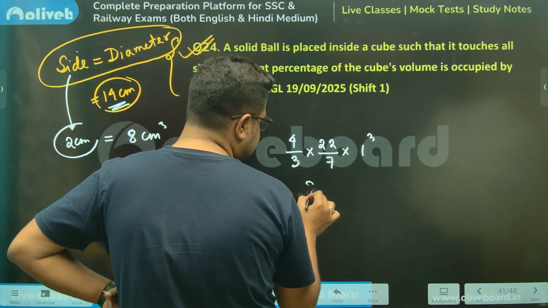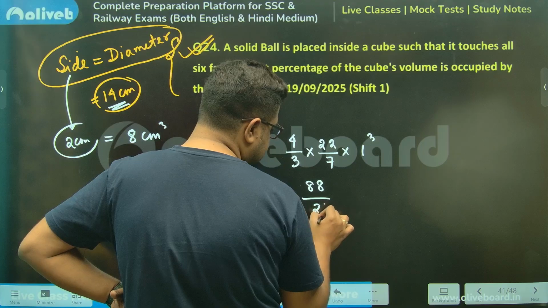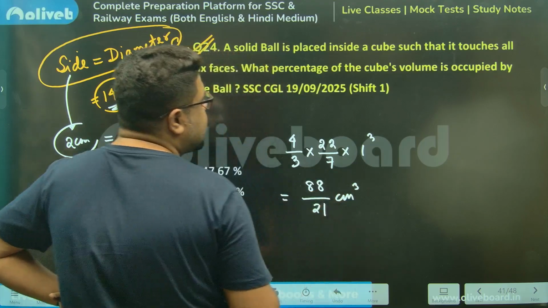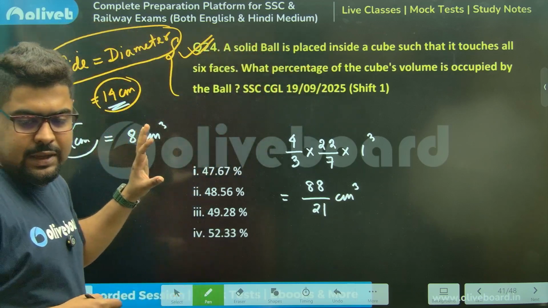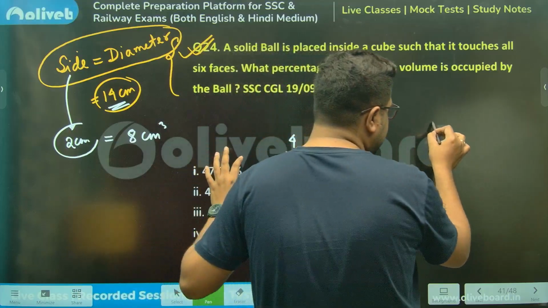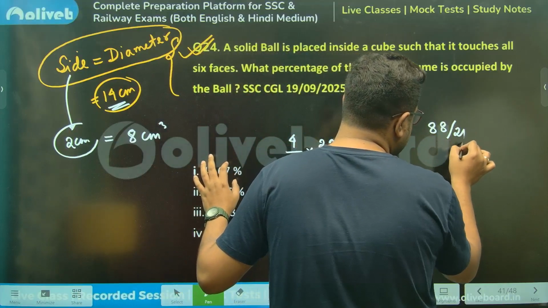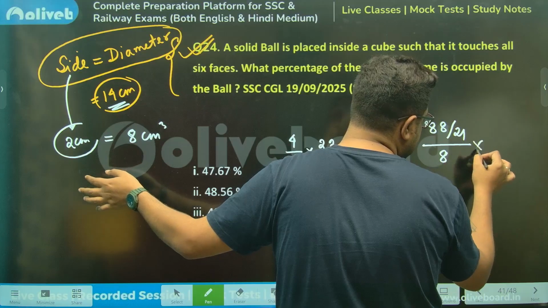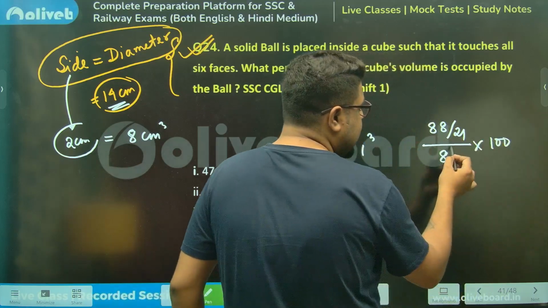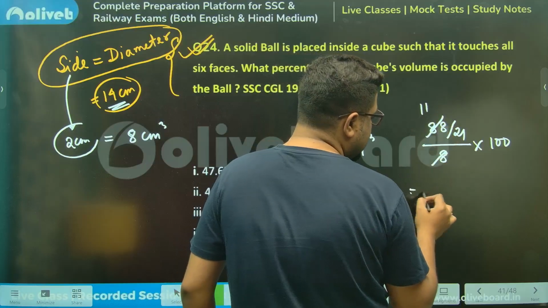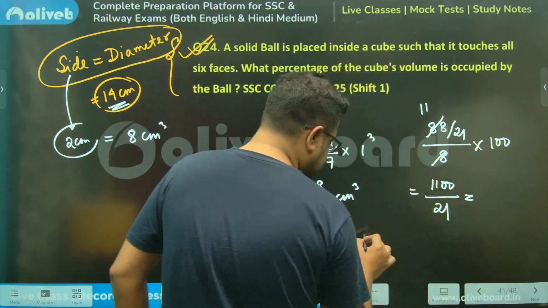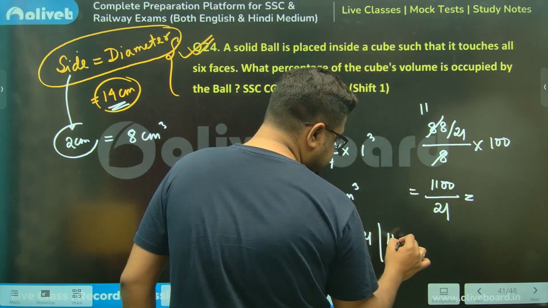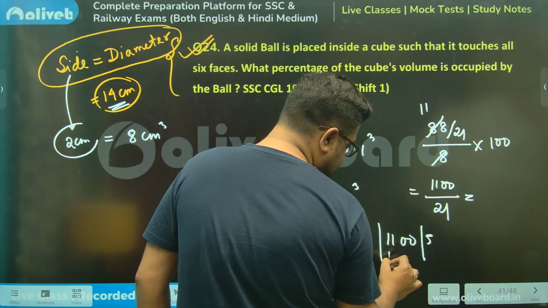Now this is 88 by 21 centimeter cube. They are asking this is what percentage of this 8. So 88 by 21 is what percentage of 8? Just do this calculation. 8 11s are 88, so 1100 over 21, sir. 21 5s are 105.